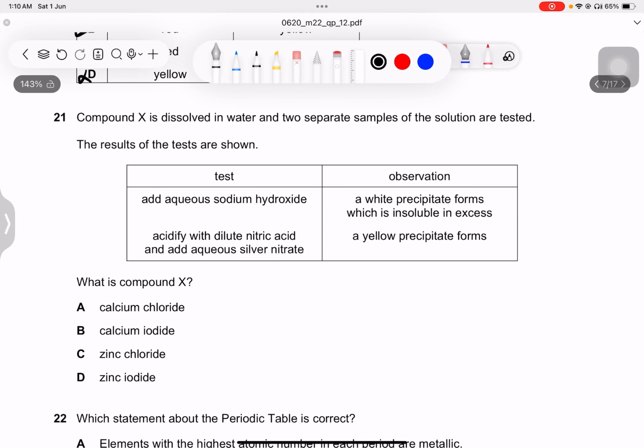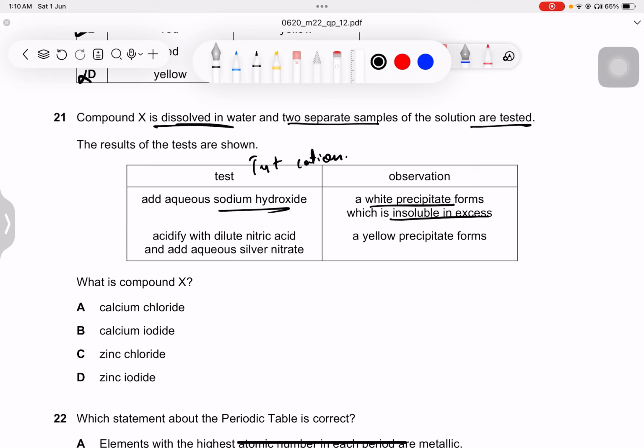Next, compound X is dissolved in water and two separate samples of the solution are tested. The results are shown. Add aqueous sodium hydroxide. This is the test for cations. What happens is a white precipitate is formed, which is insoluble in excess. This is definitely not zinc, because zinc is soluble in excess.